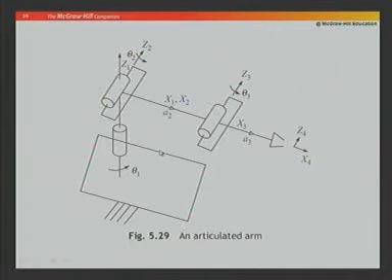So, this is the 3 degree of freedom articulated arm. As I told you in one of my earlier lectures at the beginning of this course, articulated means jointed.